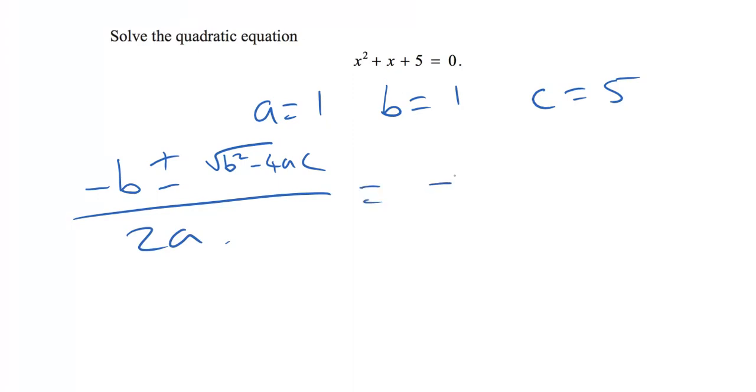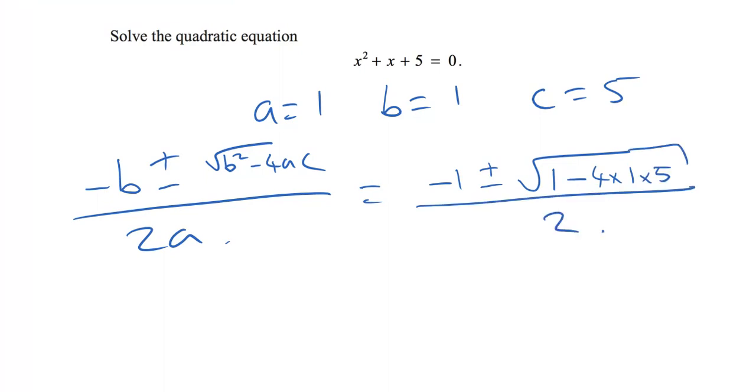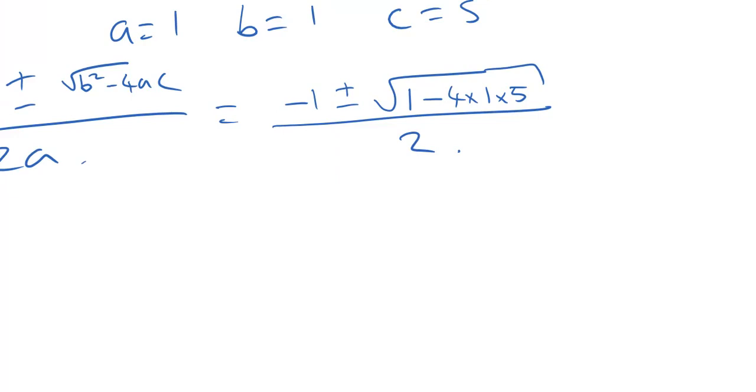We're going to have minus 1 plus or minus the square root of 1 minus 4 times 1 times 5, all over 2. Now, before we go any further, we've got a problem here. Let's take a look. If I was to work that out, it is going to be 1 minus 20, which is minus 19. Now, it is impossible, at least at the moment anyway, to square root a negative number.